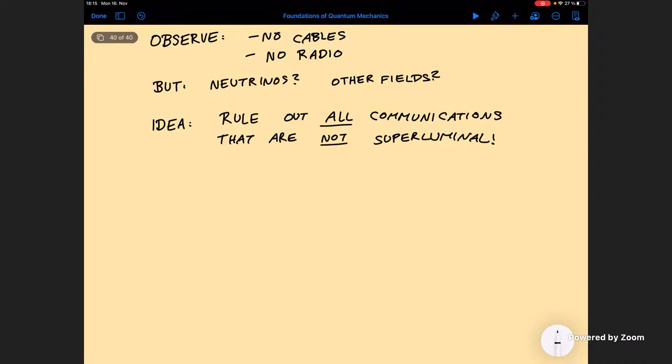And if this delay between the settings and the result is short enough, then you can make sure that even a light signal, which is very fast, would not be able to transfer the information about the setting to the other station or some station in between.